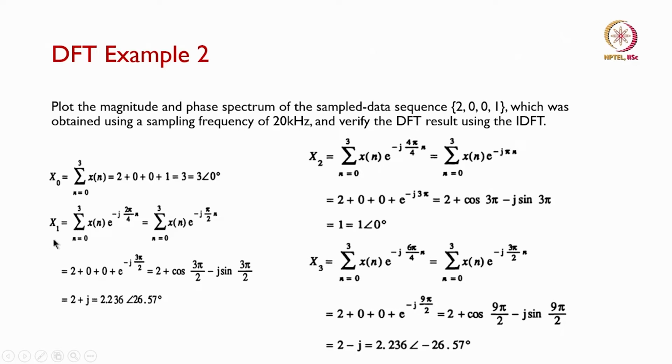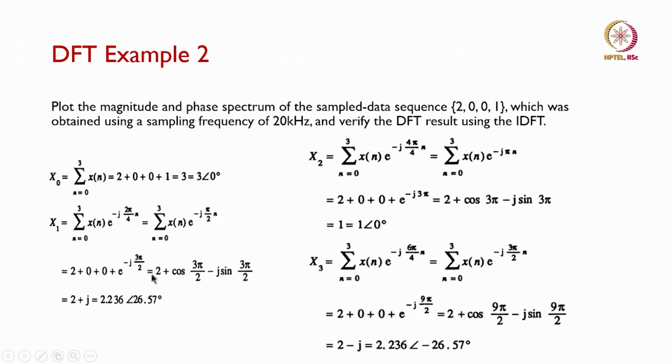And then we will calculate X of 1, basically n equal to 0 to 3, x of n e power minus j, which is equal to x of n into e power minus j pi by 2, because capital N is equal to 4. So it comes down to minus j pi by 2 into n.